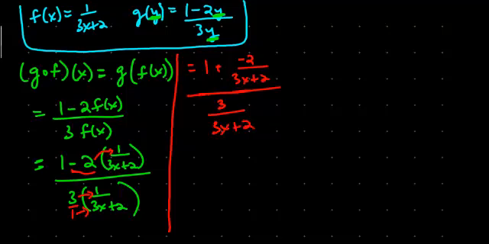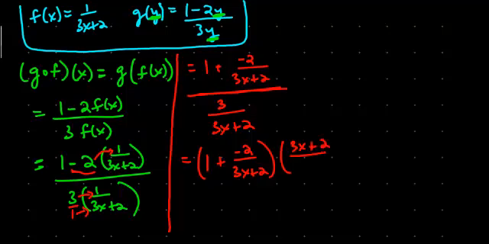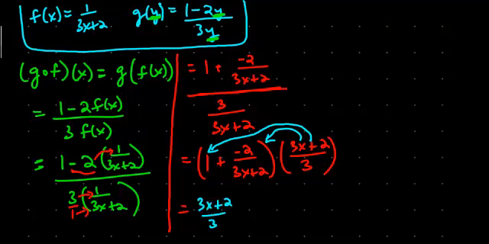Okay, and so now what do I want to do first? I'm dividing by a fraction, so I'm going to change this to 1 plus a negative 2 over 3x plus 2, and instead of dividing by 3 over 3x plus 2, I'm going to multiply by 3x plus 2 over 3. So that distributes to both of these. You distribute it here and then to the 1. When I multiply times 1, I just get 3x plus 2 over 3.